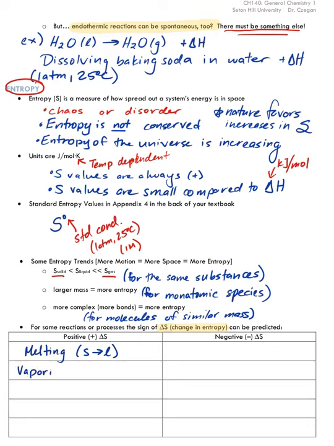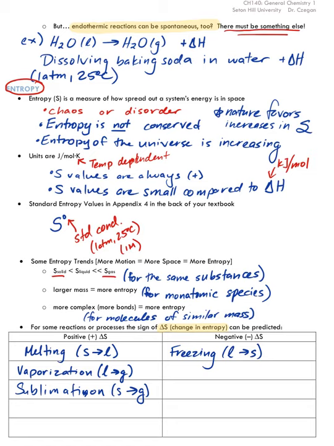going from a solid to a liquid, we gain motion, we gain entropy. Vaporization, which is the same thing as evaporation. It's going from a liquid to a gas. Or sublimation, when we go directly from a solid to a gas. All of these increase motion and are positive delta S. Likewise, freezing, going from a liquid to a solid, we lose motion, so we lose entropy.